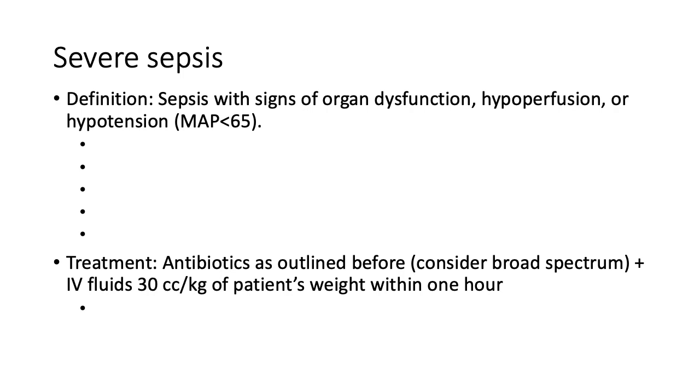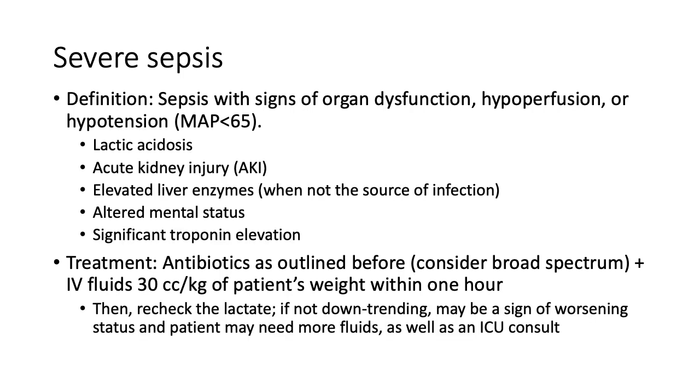Now, once again, pause the video, write down the 5 signs of organ dysfunction, as well as what to do after you give IV fluids. Great, so lactic acidosis, AKI, elevated liver enzymes, when they're not the source of infection, so not ascending cholangitis cases, not acute cholecystitis cases, altered mental status, and significant troponin elevations.